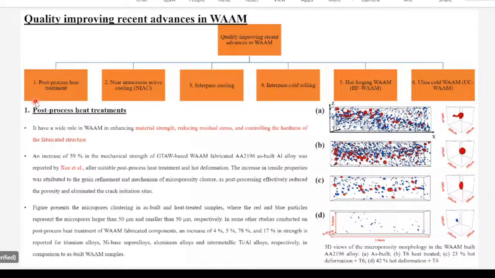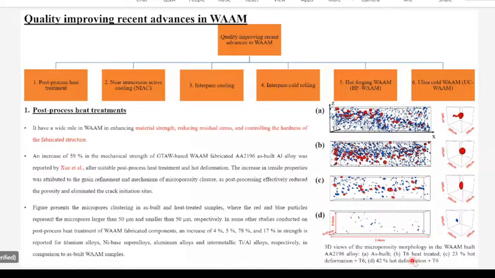Post process heat treatment, everyone will know, is like the normal heat treatment process, which enhances the tensile strength, refines grains and reduces the porosity. You can see in this image, figure A is the as-fabricated component, and B is the T6 heat treated condition.